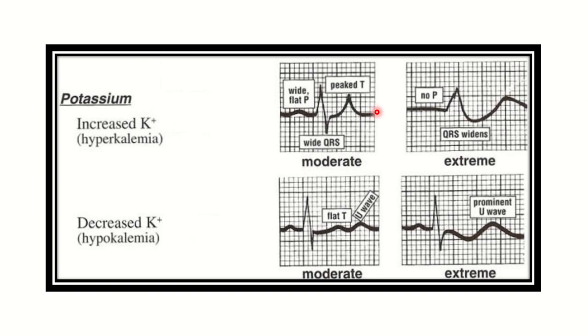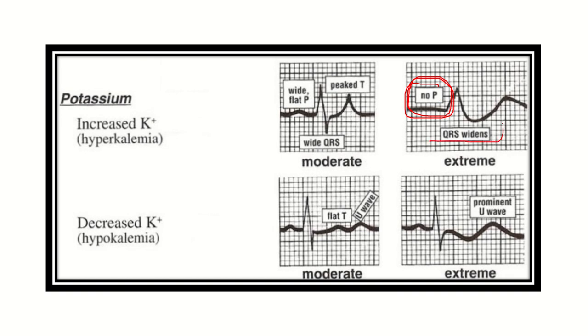First of all, let us look at increased potassium. There are different ECG features present. In the second picture, you can see there is no P wave, which means the P wave is absent in hyperkalemia.